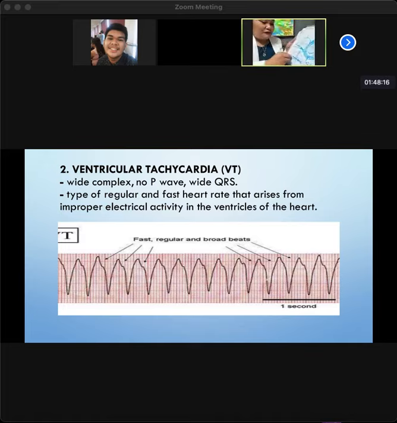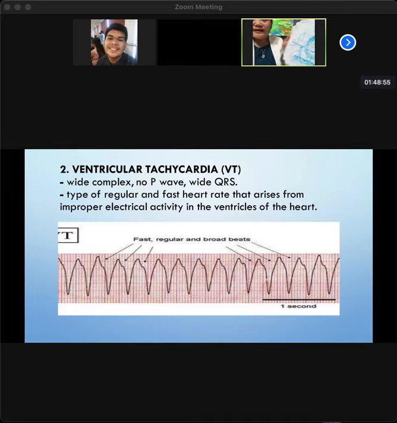Pag VTAC naman, matataba. Amiodarone. Okay? So, naintindihan ba, class? For you to recall it easily, amiodarone, mataba ang tracing. Pag VTAC, amiodarone ang drug of choice. Pag SVT, payat ang tracing, adenosine ang drug of choice.